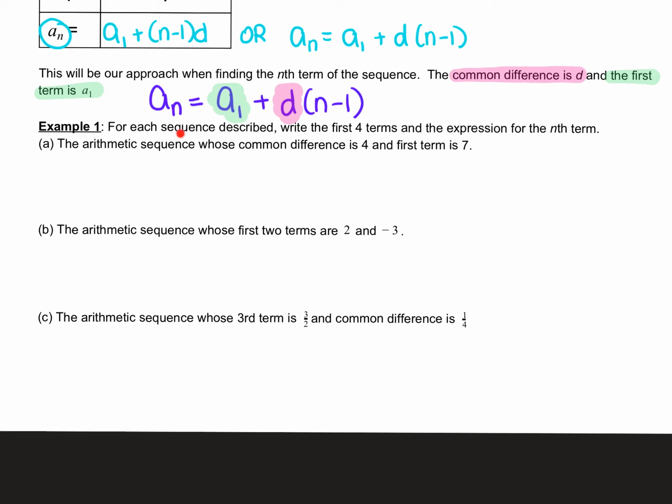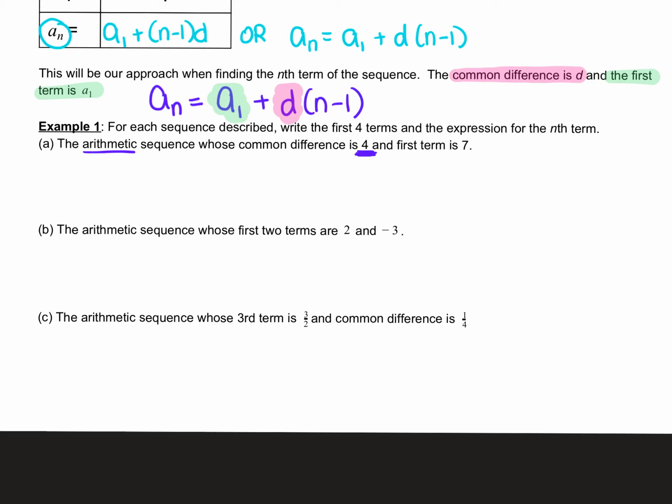For each sequence described, we're going to write the first 4 terms and then the expression for the nth term. For our first one, we have an arithmetic sequence whose common difference is 4 and whose first term is 7. We know it's arithmetic, so we're adding something each time.